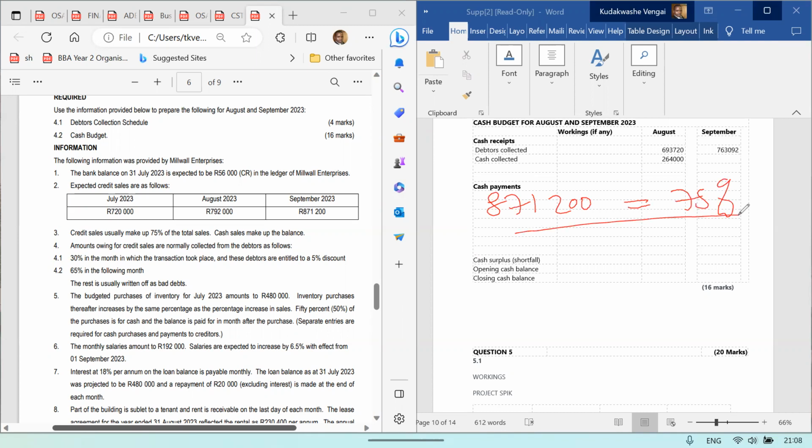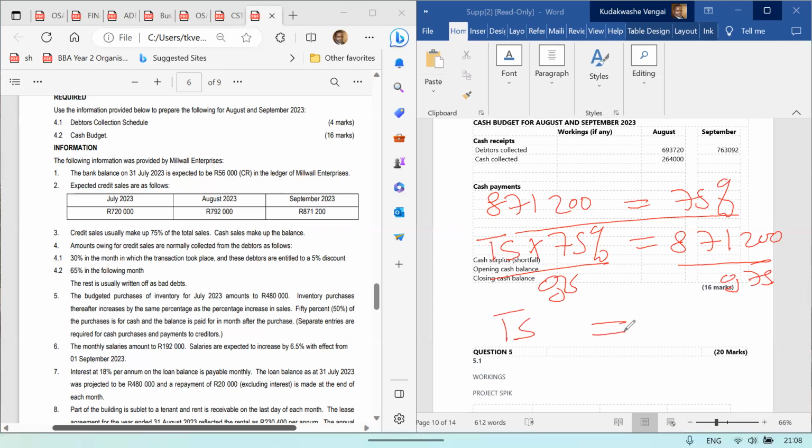In essence, according to mathematics, total sales multiplied by 75% gives 871,200. So we solve for total sales. We divide both sides by 75%, which means total sales is going to be equal to what?